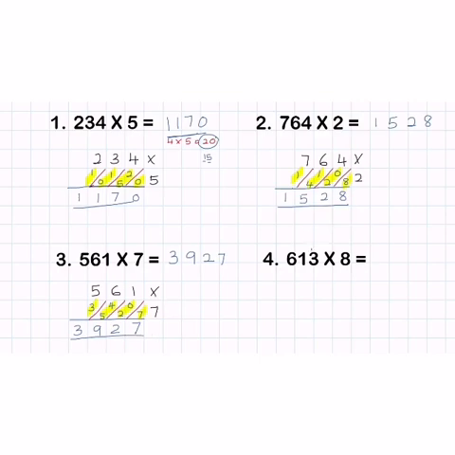So let's see another example. Question: 613 times 8. For this question, we are going to use times 8. After we write the question, we need to separate the boxes below the number 613 into 2.